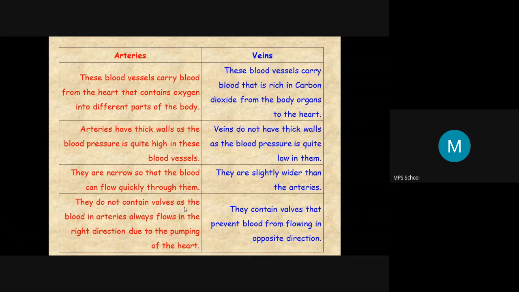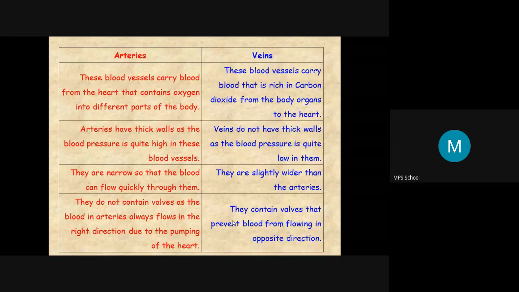Arteries do not contain walls as the blood in arteries always flows in the right direction due to the pumping of the heart. So the blood is pumped from the heart, and it doesn't require any walls to prevent the flow back of blood. But in veins, which carry blood from the other parts of the body into the heart, there are walls so that they prevent the flow back of the blood to other organs, which means the opposite direction.